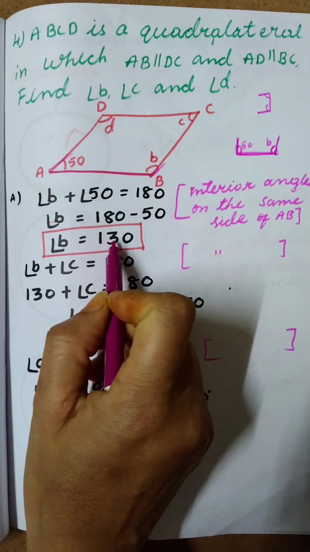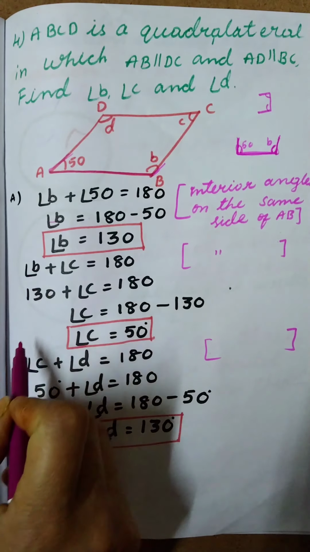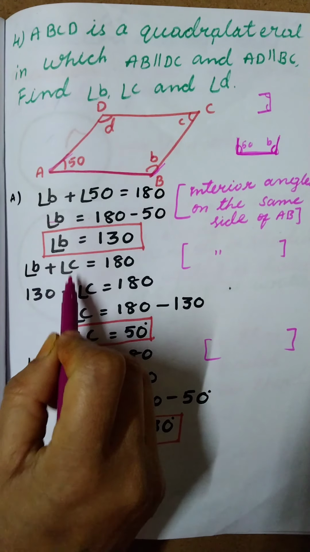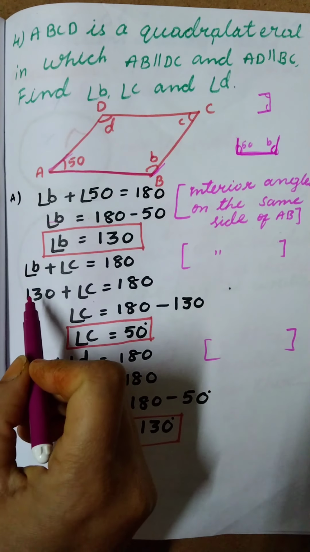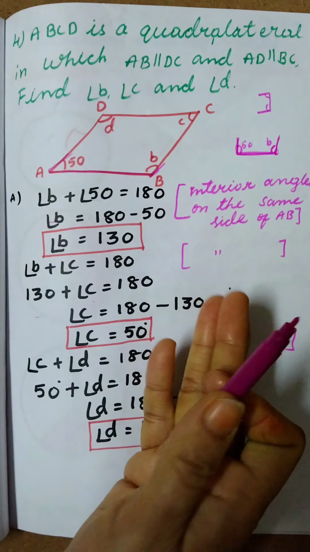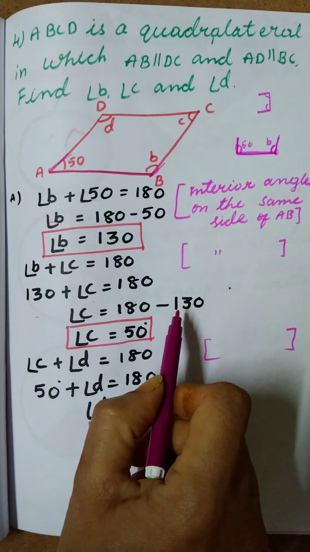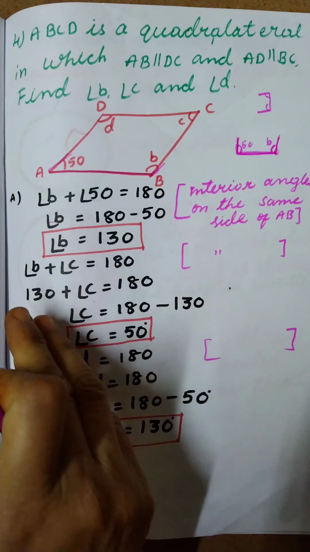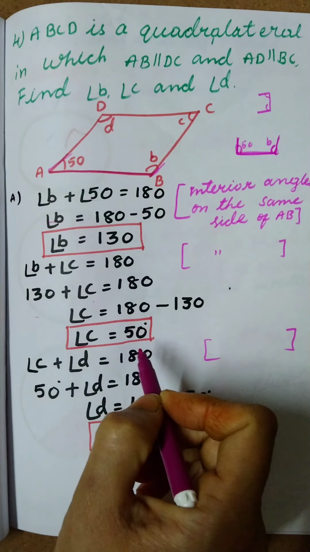We already got the B value as 130, so we substitute it. In place of B we substitute 130 degrees, plus C equal to 180. We have to find the C value, so I am transposing this 130 to that side. Plus 130 becomes minus 130. C equal to 180 minus 130. From 180, if we subtract 130, we get 50 degrees.